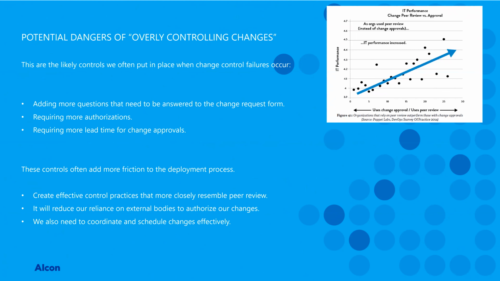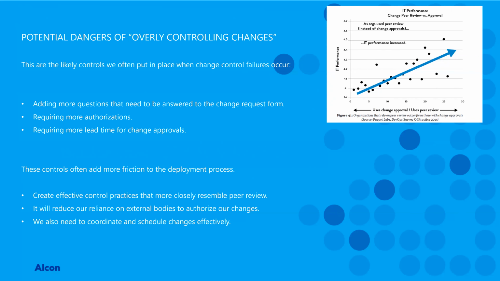When we have problems, it often prompts management to develop more complex systems that bog this process down. We'll add more questions to a change request form, add more authorizations, and go through multiple levels of management. We'll require more time before changes can be approved, saying, instead of 1 day waiting, we could change to 4 days or 2 weeks or whatever management feels is required.